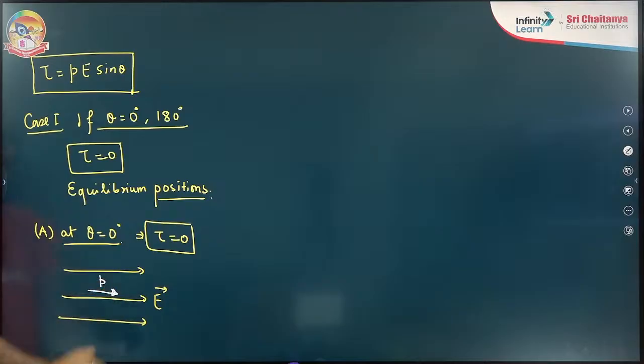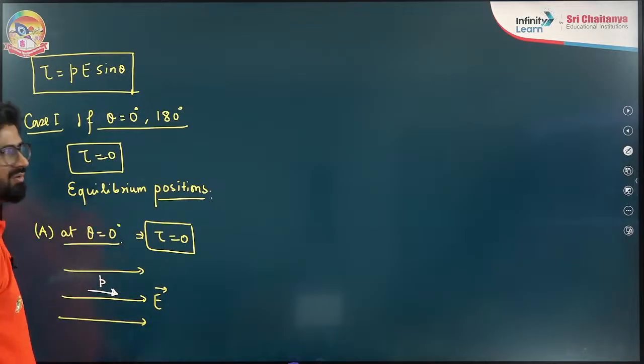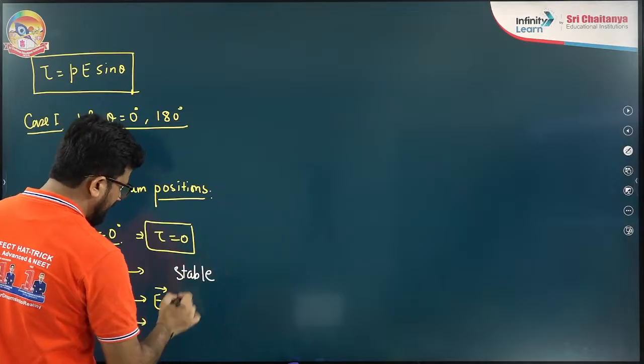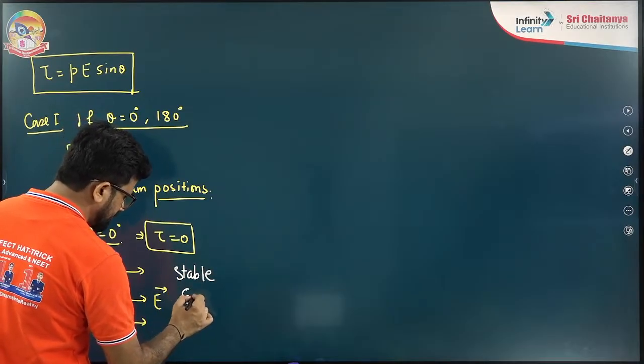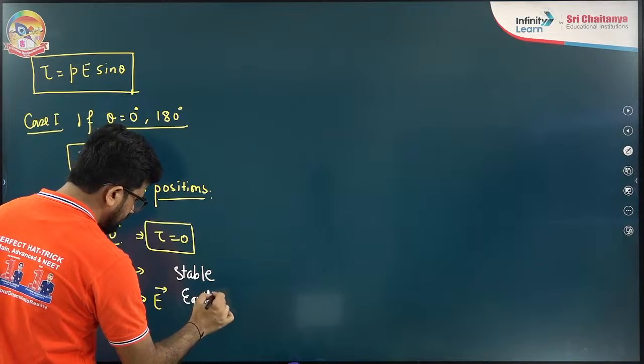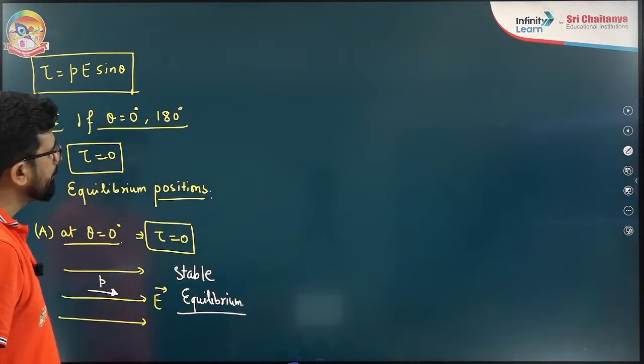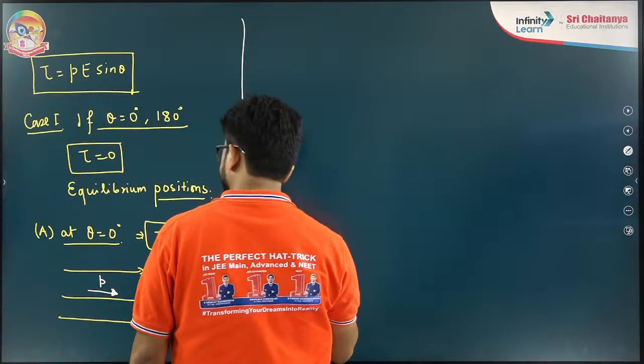So dipole moment and field are both in the same direction, which means theta equal to 0 degree. And this position we call stable equilibrium, beta. Clear?